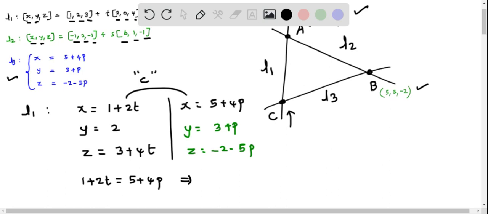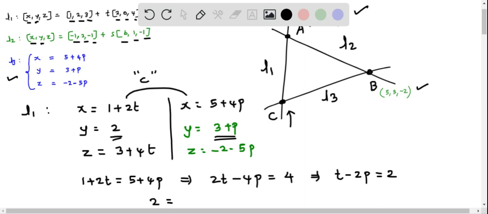That is, I bring the 4p to the left side. So therefore, this becomes 2t minus 4p, and this equals 5 minus 1 is 4. This could be written in simplified form as t minus 2p equals 2 when I divide all the terms by 2. Now we see that the y equation here is 2, and therefore this equals 3 plus p.